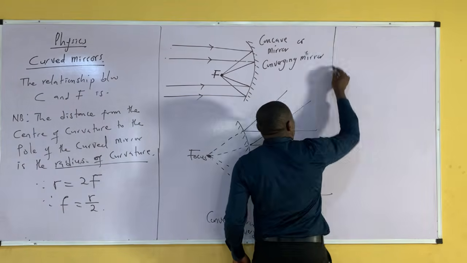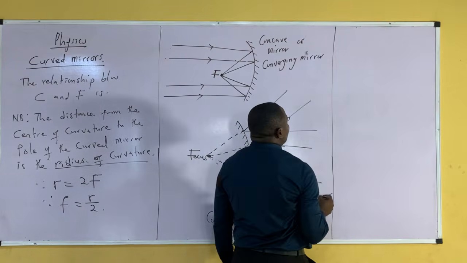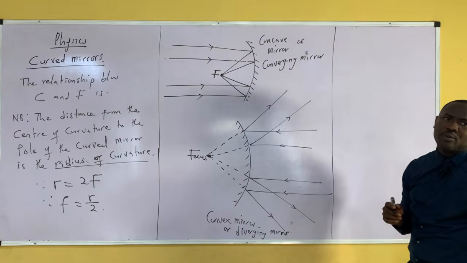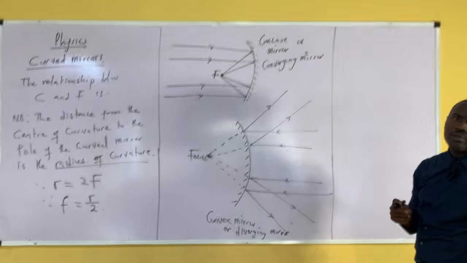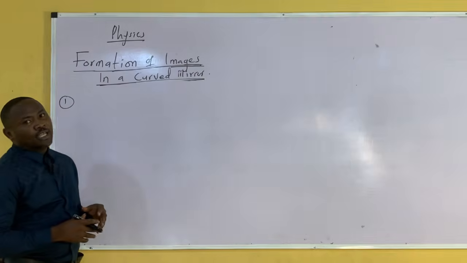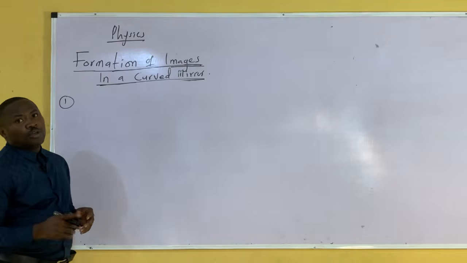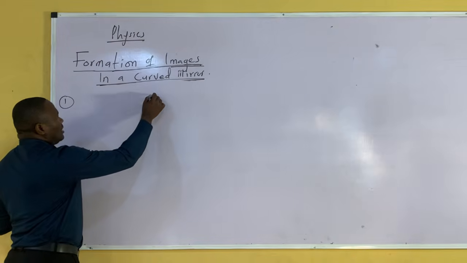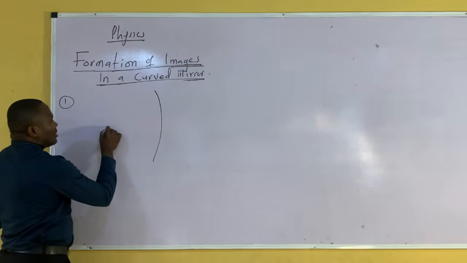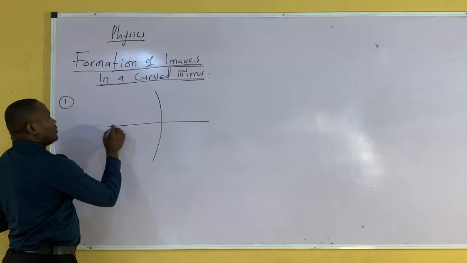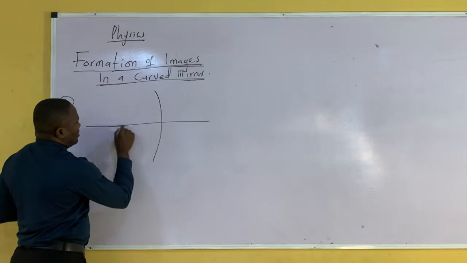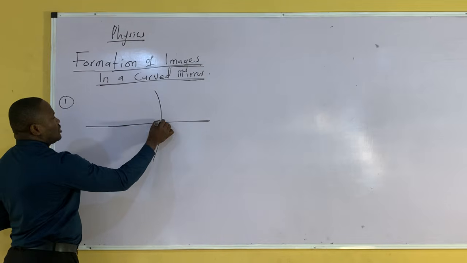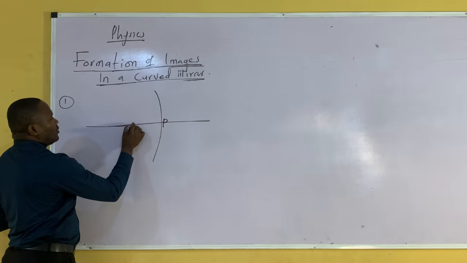Now, let this take us to the kind of images formed in a plane mirror. Now we'll be looking at formation of images in curved mirrors, precisely the concave mirror. Let this be a sketch of the concave mirror, and we have this to be the pole, the center of the mirror.